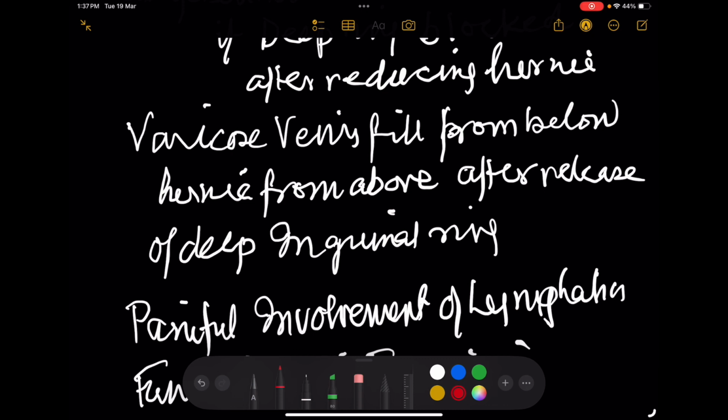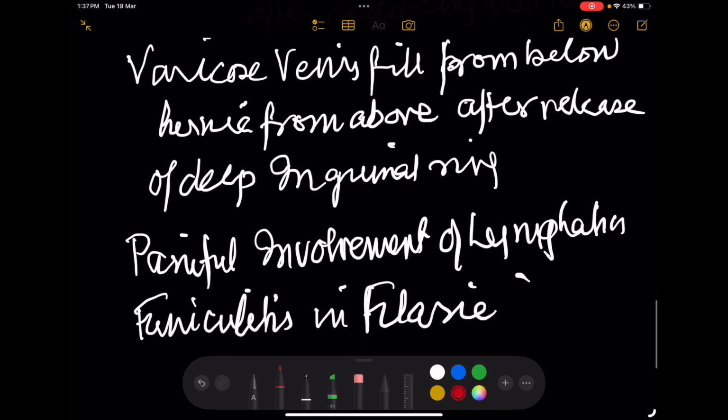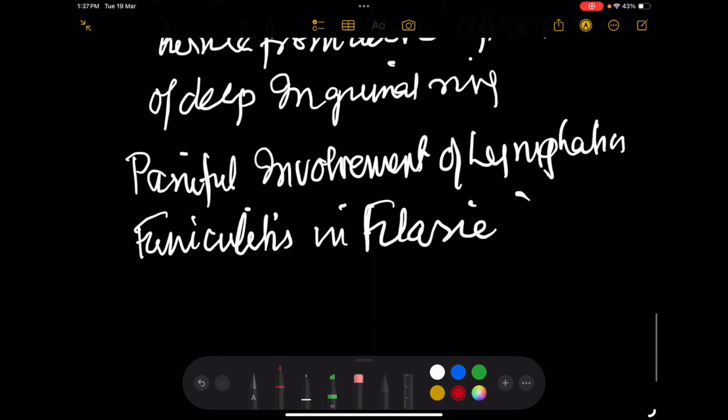If you reduce the varicocele, then obliterate the deep inguinal ring, and then make the patient stand up, when you leave the deep inguinal ring, the varicocele will fill from below and the hernia will fill from above.